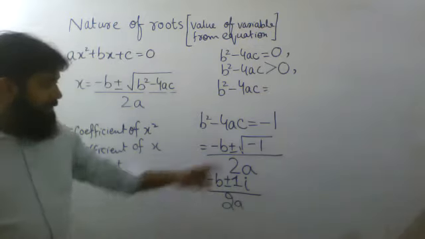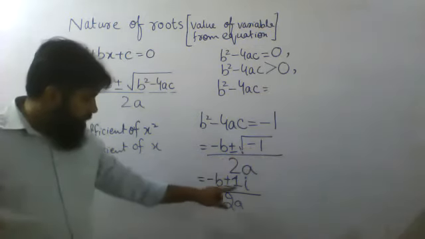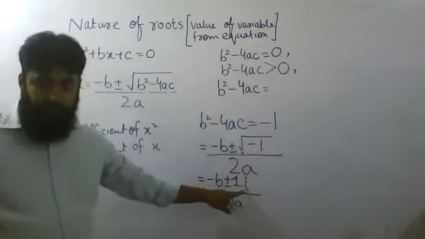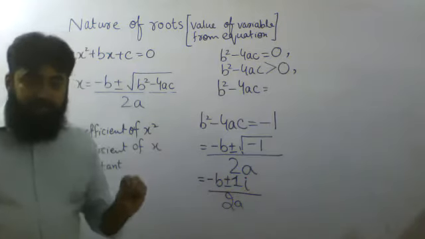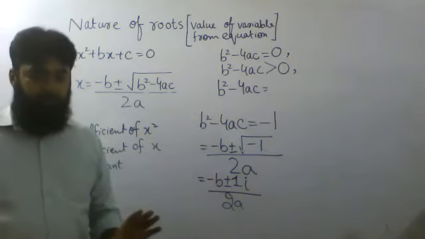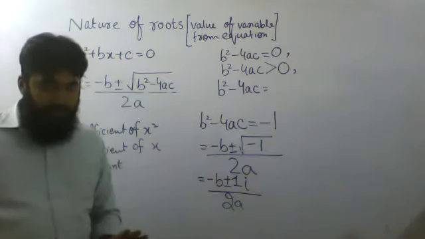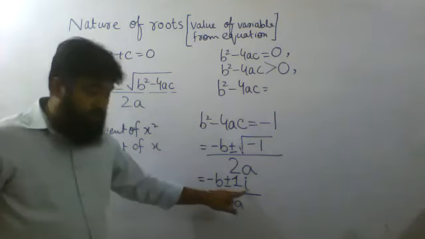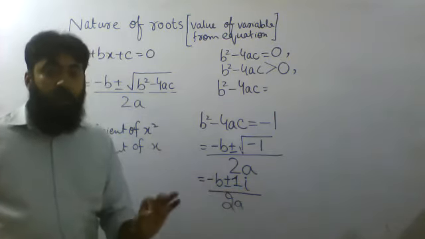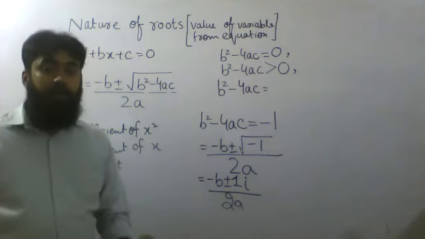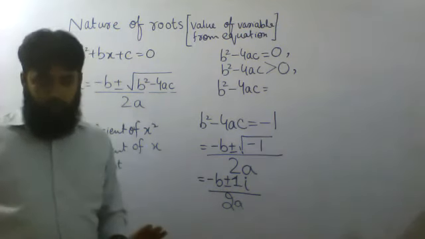When you take the root of a negative number, you will get this. This is called an imaginary number. This is not a real root. This i, which is written over here, is called your imaginary number or complex root.